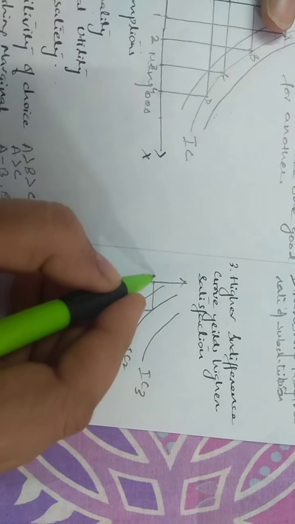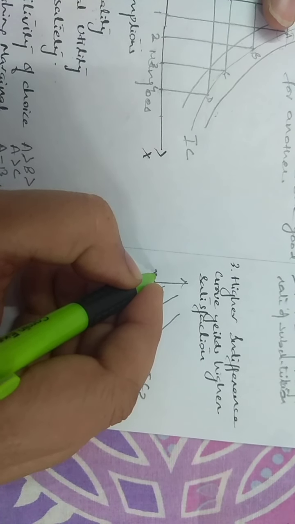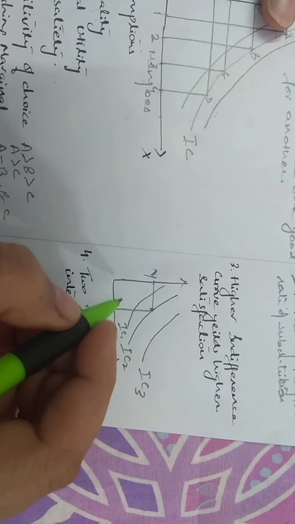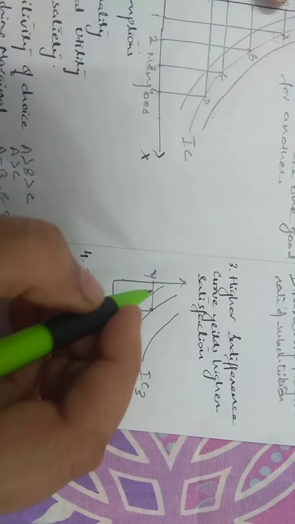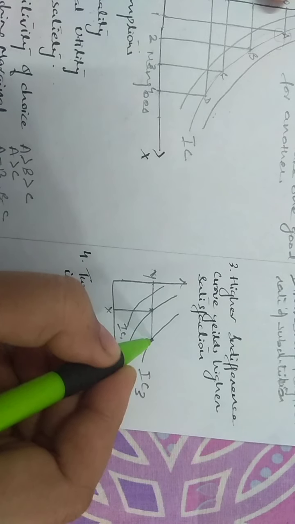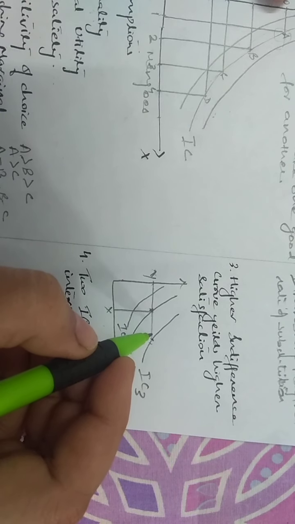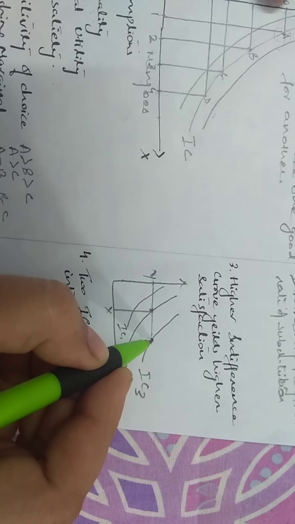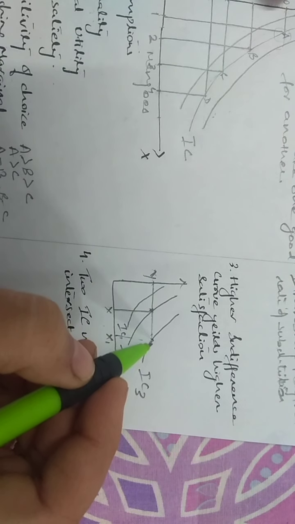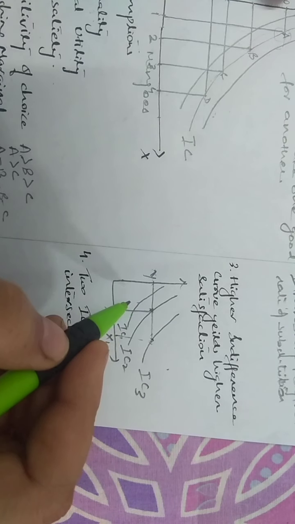If you take IC2, at this point you are having Y units of commodity Y and X units of commodity X. Now at the same level, if you see this indifference curve IC3, this will give you a combination of goods where Y remains the same but it has higher units of X. So a higher indifference curve will always yield higher satisfaction and a lower indifference curve yields lower satisfaction.